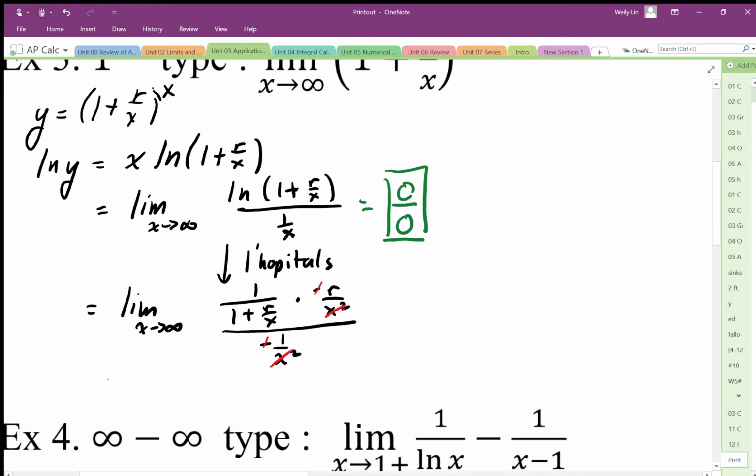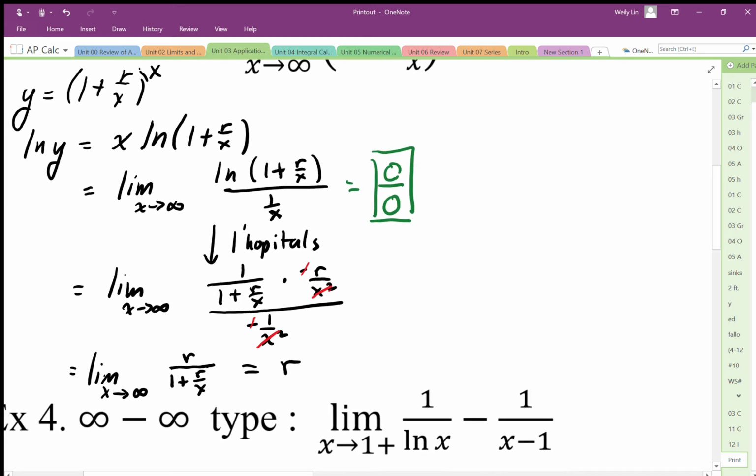Okay, so this becomes the limit as x goes to infinity of r over 1 plus r over x. Okay, and then I can now substitute the infinity, so I end up with r over 1 plus 0, so that basically becomes r.